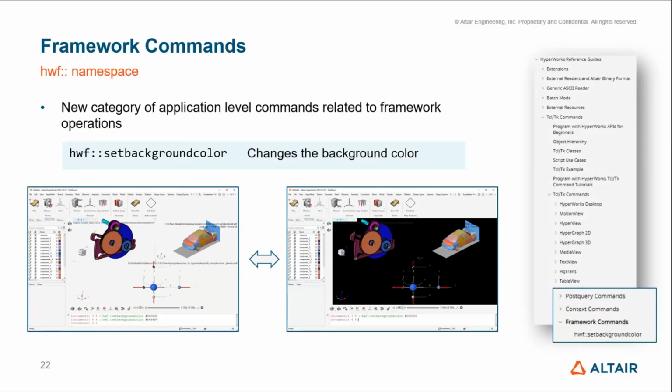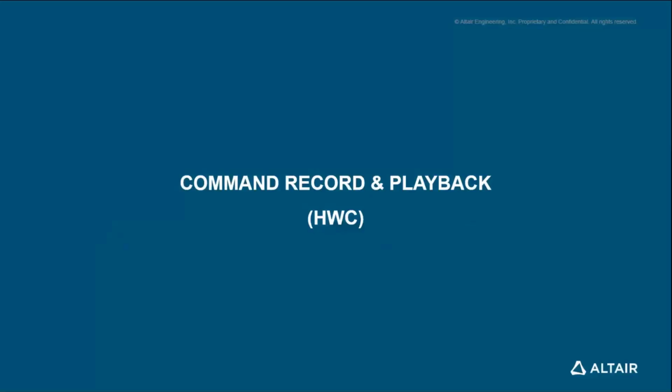And again, I will close with pointing to the help location. They sit right next to the context commands in the tree structure, right? And you will find more details on them there. And with that, I will hand it over to Stefan to show the extension demo in action and guide you through all the new features in command record and playback.